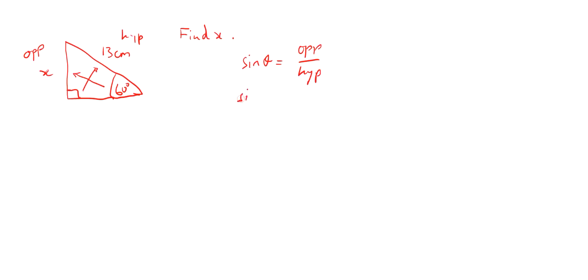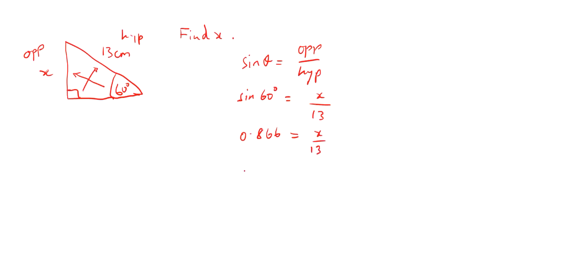So sine 60 degrees is equal to opposite, which is x, over 13. Right? So we use our calculator to find sine 60, which is 0.866. So this is 0.866, which is x over 13.